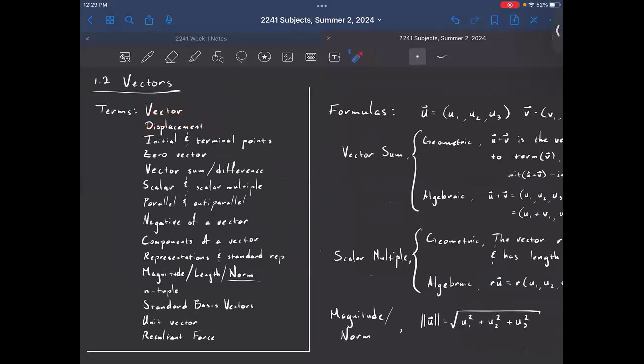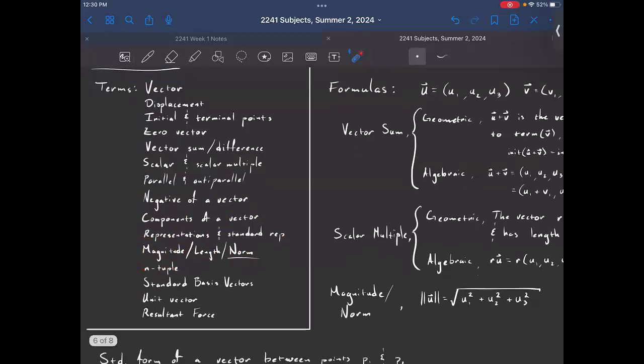We're going to talk about displacement, initial and terminal points, the zero vector, the vector sum and difference, scalars and scalar multiples, parallel and antiparallel, negatives of vectors, components of vectors, representations and standard representatives of vectors, magnitude, length, and norm, they're all the same thing, n-tuples, standard basis vectors, unit vectors, and resultant forces.